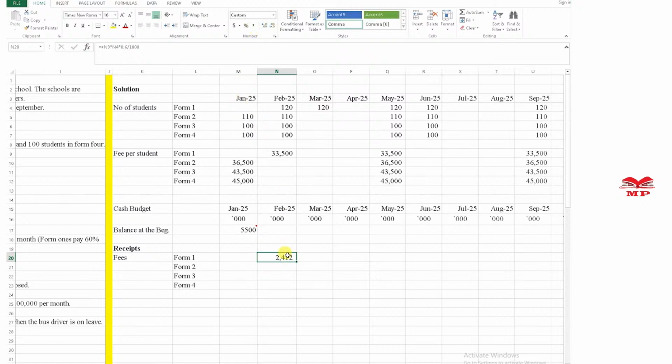Now the balance of 40%, this is 60%. You can see it's 60%. The 40%, why I'm putting the 120 over here, students will still be in March over here. They will still be there.